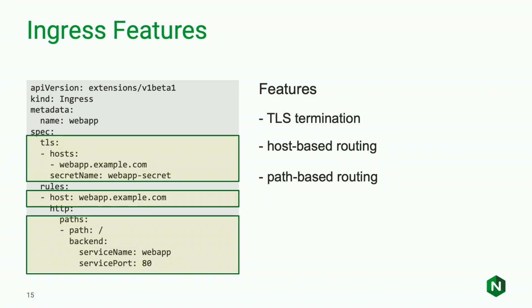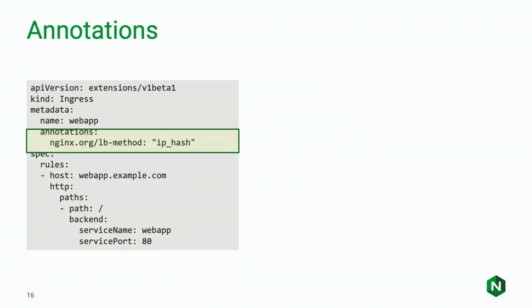The first approach for that is to use annotations. Annotations are a general purpose extension mechanism in Kubernetes. You can add annotations to any resource, including Ingress. Annotations are basically just key-value strings, and that's all.